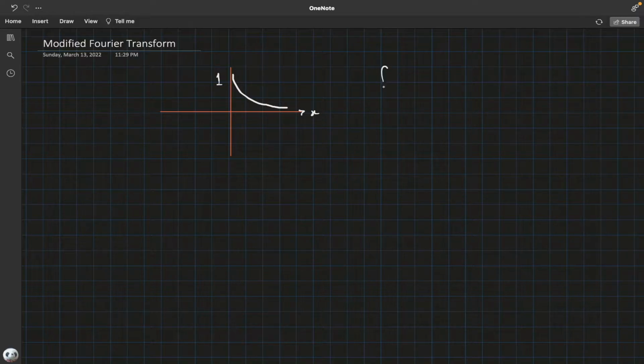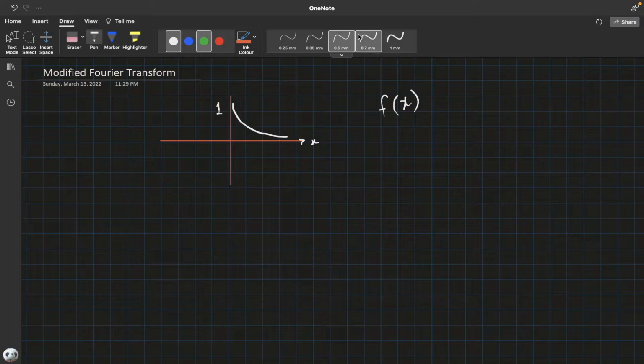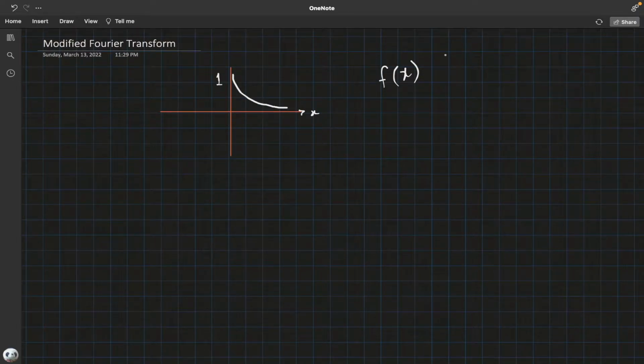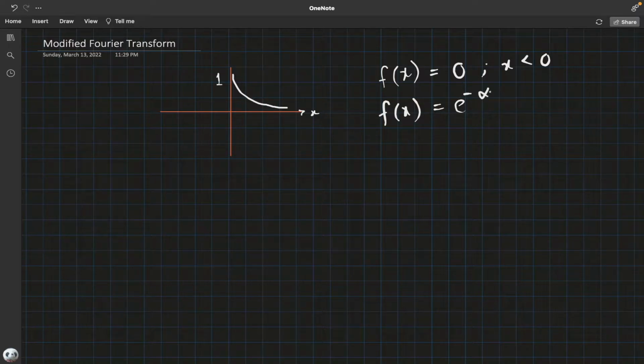So the function f of x is 0 when x is negative, and is e to the negative alpha x when x is positive. That's why we're getting this decay nature here, and it really vanishes on the negative bit.